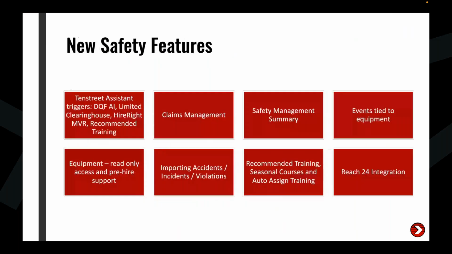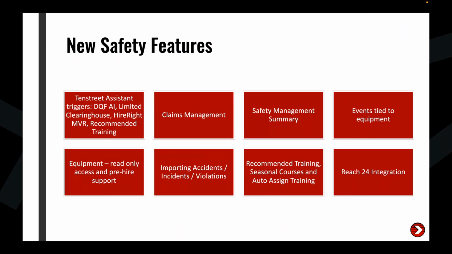Now, some of the features we'll be covering in today's call. Don't worry, we're not going to go into crazy depth on all of these because I know there is a lot here. But we'll definitely be going over the Tenstreet Assistant, from the DQF AI triggers all the way down to what higher rate MVRs look like coming back in, and even talk about recommended trainings. From there, we'll go through a couple of things from the events side: putting in accident claims, incident claims, violations, and how you can manage claims on a fleet-wide level.